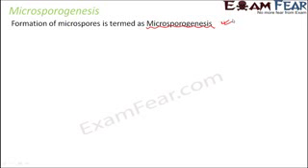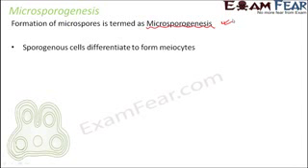Like how formation of gametes is called gametogenesis, similarly formation of microspore is microsporogenesis. So now let us understand how the sporogenous cells give rise to microspores. These sporogenous cells will differentiate to form meiocytes. Now what are meiocytes? Meiocytes are nothing but the gamete mother cell.